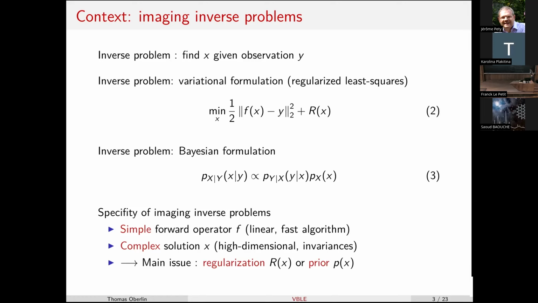But the solution we are looking for is very complex because it lives in a high-dimensional space, and there are a lot of invariances that make the solution very hard to characterize. So the main issue here is to design proper regularizations or prior distributions.